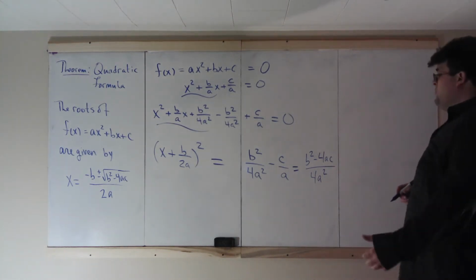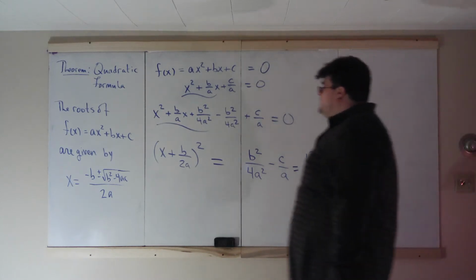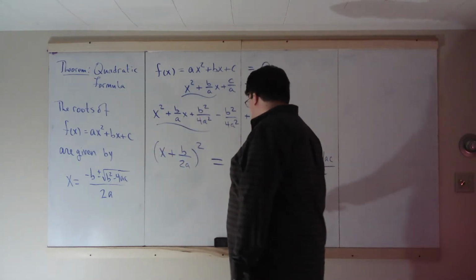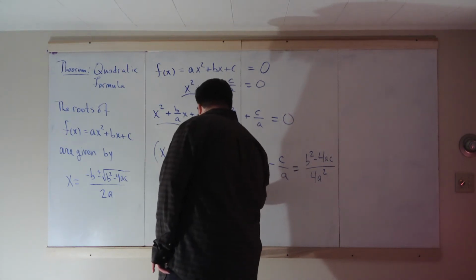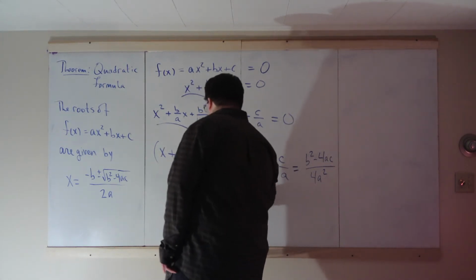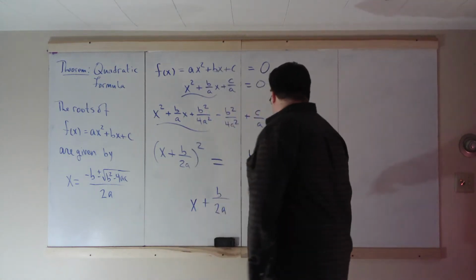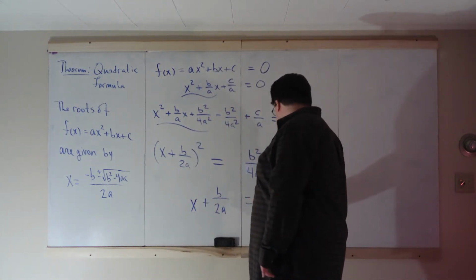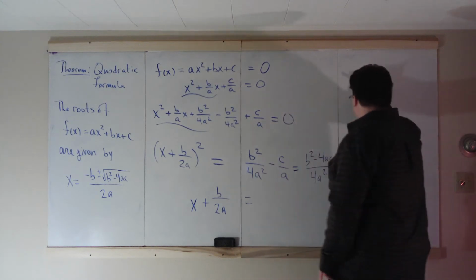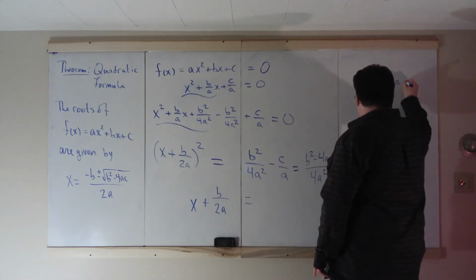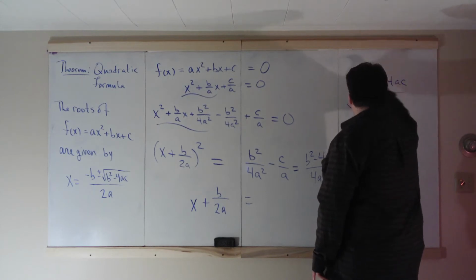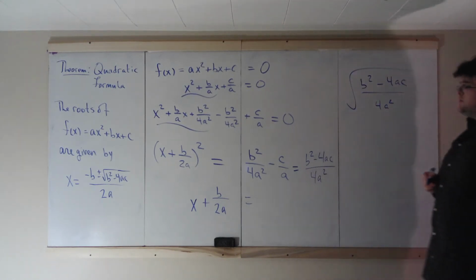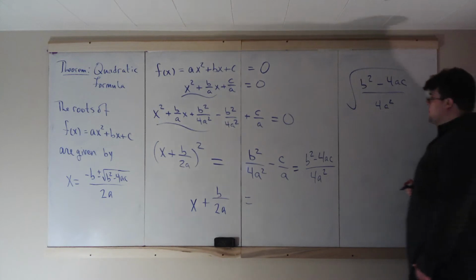Well, now we want to solve this for x. Well, let's take the square root of both sides. Square root of the left side is that. Square root of the right side, what's the square root of the right side? I'm going to do side work over here. Well, the square root of the right side is that. The square root of a fraction splits into the square root on top, square root on the bottom.